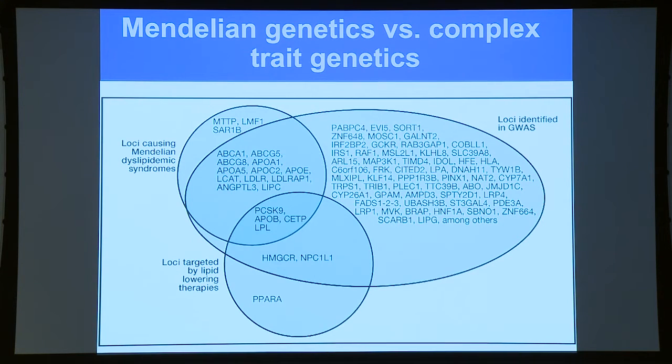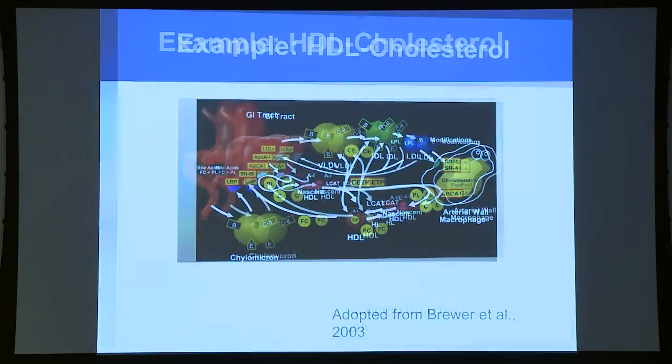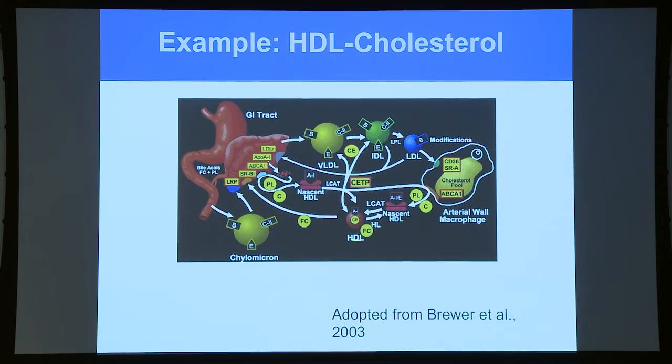Now, we don't know yet whether this is true throughout phenotypic space, but at least in the case of lipids, this is the case, and many of those genes, this is the reverse cholesterol pathway in the case of HDL, same exact genes are being found, and they have clear biochemical functions, right? So both types of allelic variants point to the same pathways and networks and clear biochemical modules in cells. Well, in this case, not in cells because this is a transport.